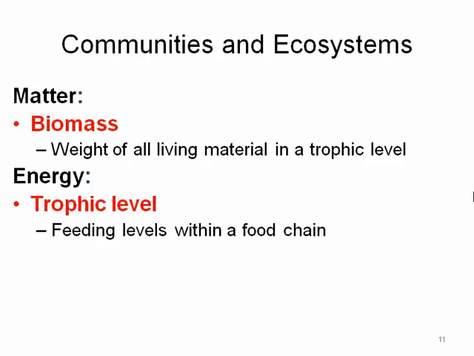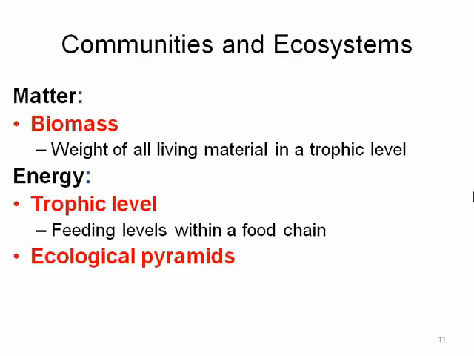These are feeding levels within a food chain. So going back to early days of your science education, you probably learned about food chains and food webs, where we get our nutrition, where different plants and animals consume one another. This gives rise to a food chain. Matter and energy pass through that process, and we refer to that as different feeding levels or trophic levels.